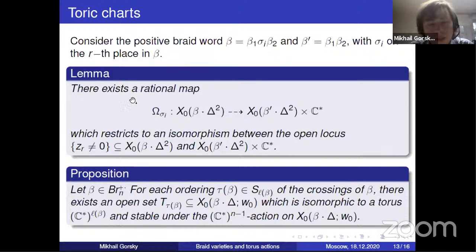And we have a rational map from our original braid variety for beta times full twist to the variety for the word where we opened one crossing, times C star. And it's actually an isomorphism between the right hand side and the open subvariety defined by non-vanishing of the corresponding variable on the left hand side.